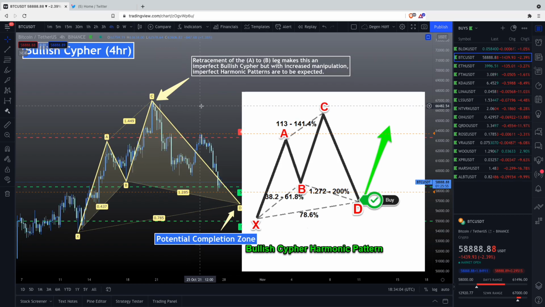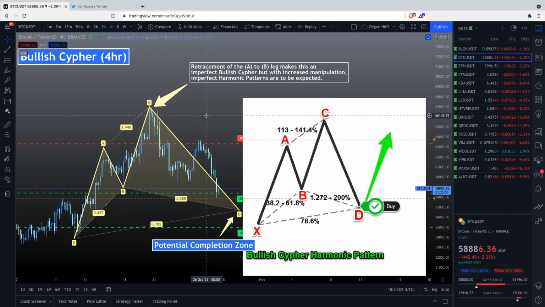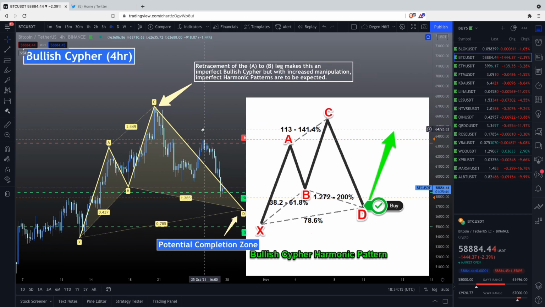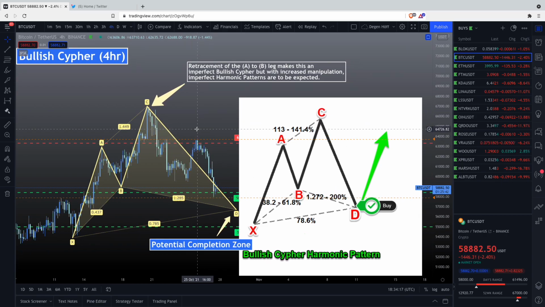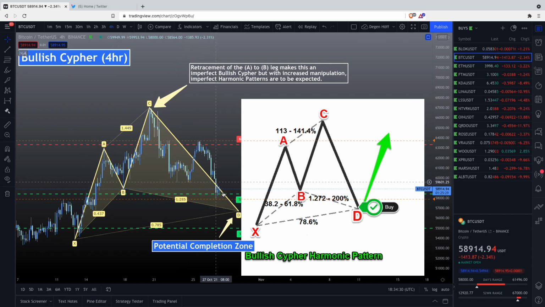I'm okay with that, and I still think it's a valid bullish cipher only because with the amount of manipulation going on in BTC right now, a lot of these moves are exaggerated moves in order to liquidate shorts and longs. So basically, they're trying to trick pattern traders into entering their position right at the apex of the trend reversal, and then they're trying to stop them out on both sides.